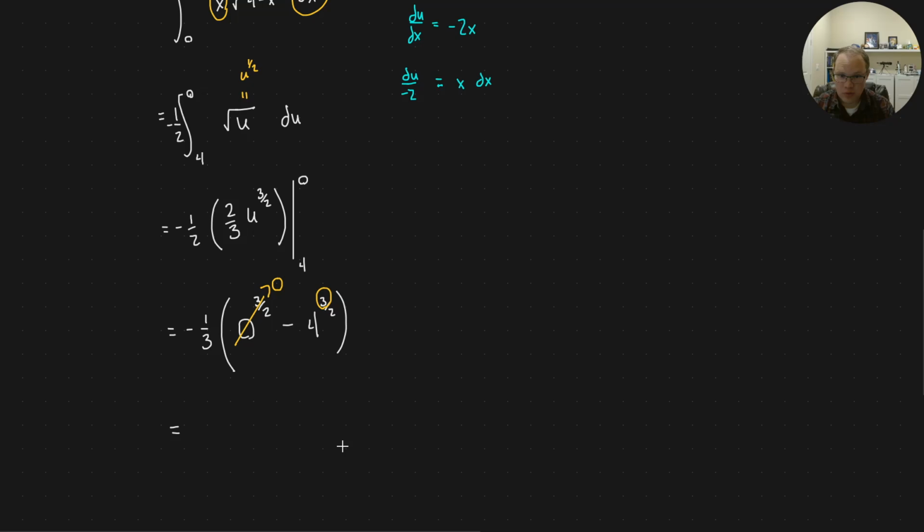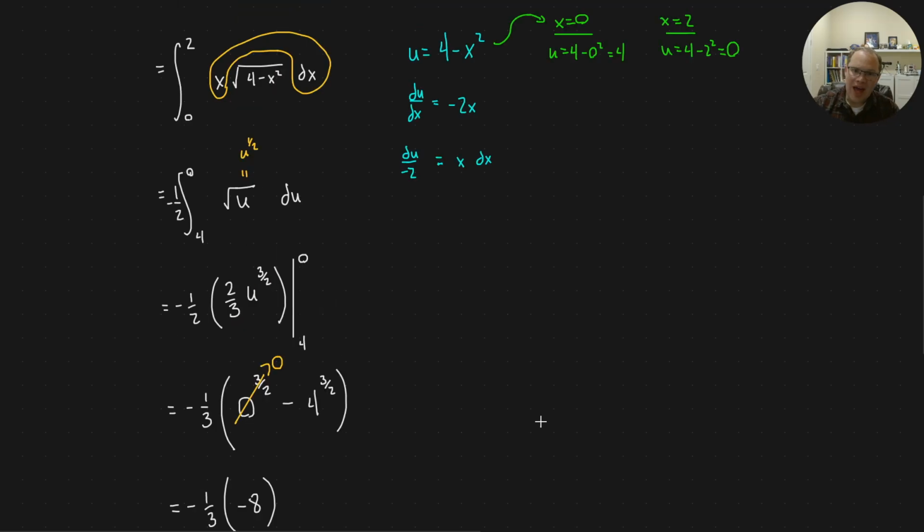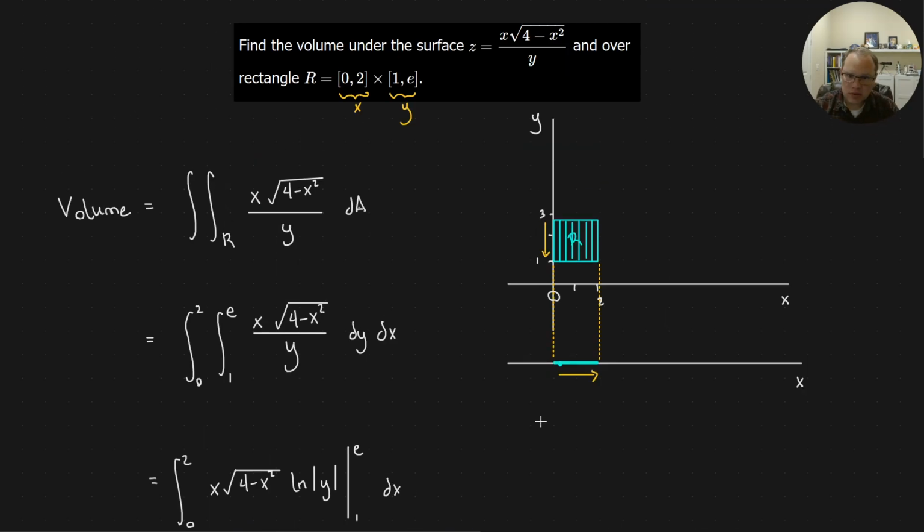And then the 3 part of the power, that's going to cube it. So square root of 4 is 2, and then cube it, I get 8 with a negative in front. So negative 1/3 times negative 8 is just 8/3. That is the volume of this surface over the rectangular region R.